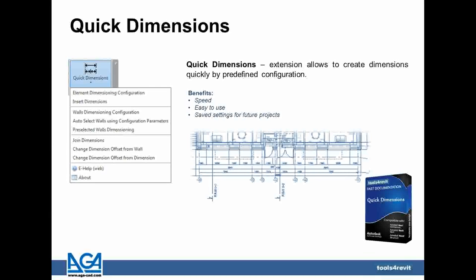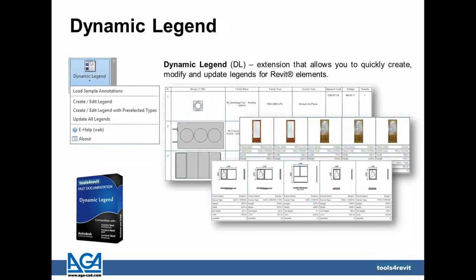So Quick Dimensions is a very easy tool for adding dimensions in different ways. One more product is Dynamic Legend. It makes legends for you automatically, according to your specific design.